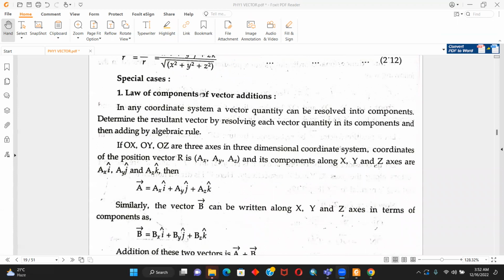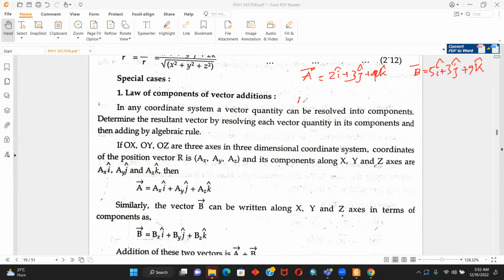All right. Now, sorry, one second. Right. So, law of components of vector addition. Whenever we are working with two vectors and we have to add them, say a vector is represented as 2i plus 3j plus 4k, and b vector is equal to 5i plus 3j plus 9k.